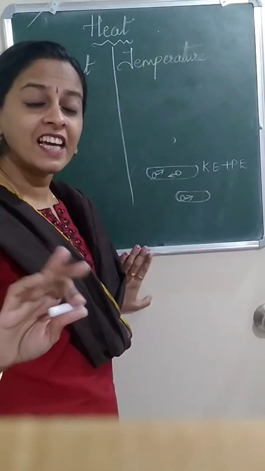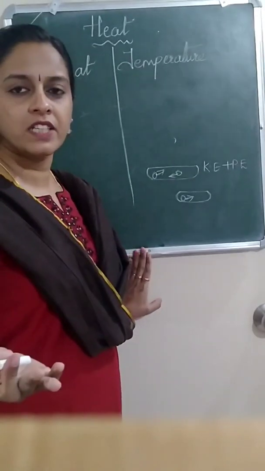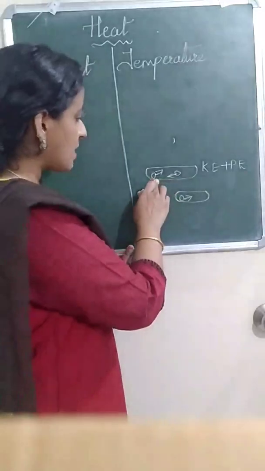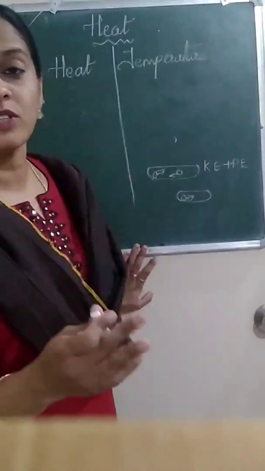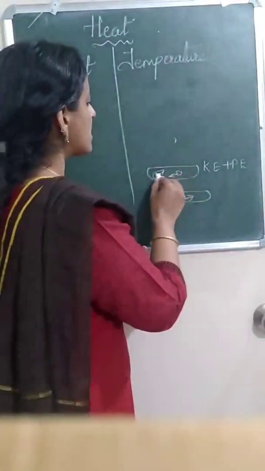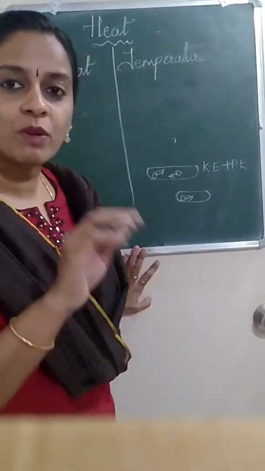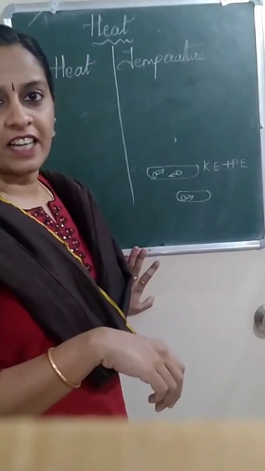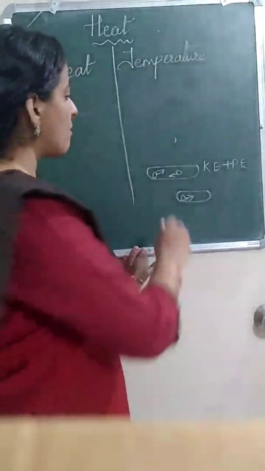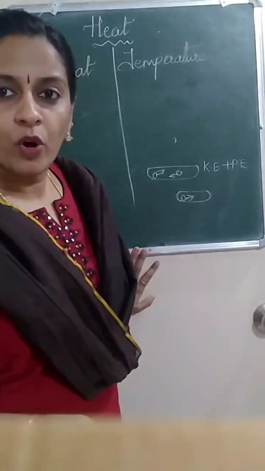Let us consider the number of atoms present. More atoms, more kinetic energy. So, this object which has more volume will possess more kinetic energy, whereas this object with lesser size will possess less kinetic energy. So, the heat energy will be more on this object and less on the smaller object.